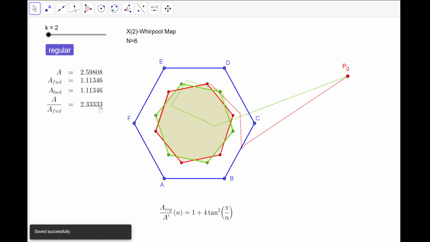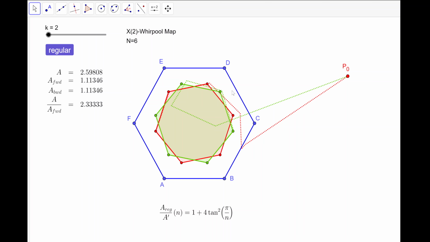What are you getting here? You're getting 5/3, right? Or 7/3? Yes, you're getting 7/3 as the ratio here, and you're going to get that ratio if you actually run this formula down here for n equals 6.